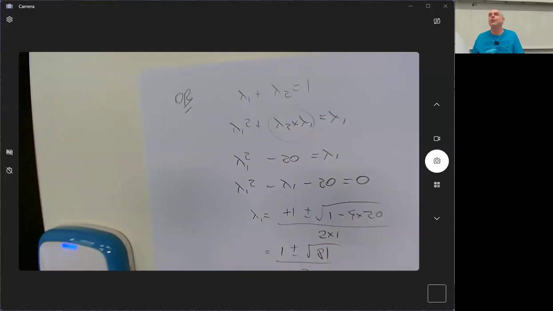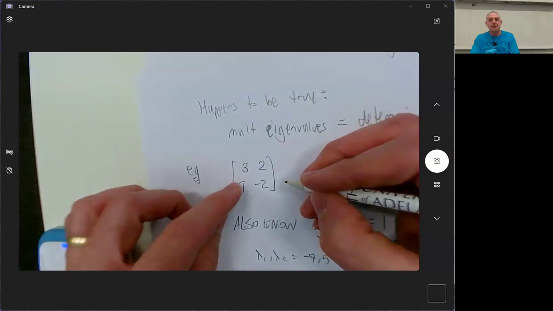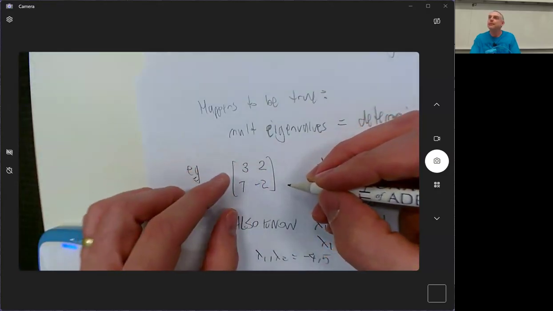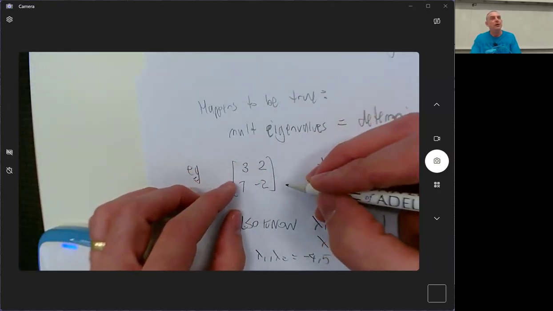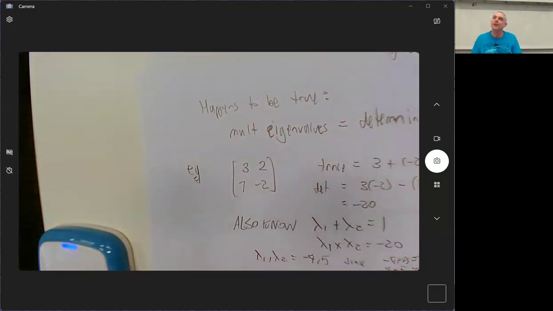Not all matrices, but if all the rows add up to the same answer, then that is one of the eigenvalues. And its eigenvector is 1, 1, 1, 1, however many you need. Because if you multiply it by 1, 1, that adds the 2 columns together. It's 1 of column 1 and 1 of column 2. And so if you get 5, 5, then that's 5 times 1, 1, which makes it an eigenvector.